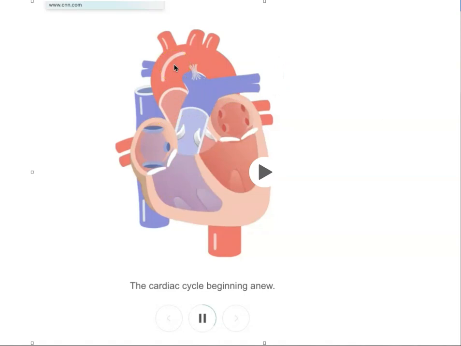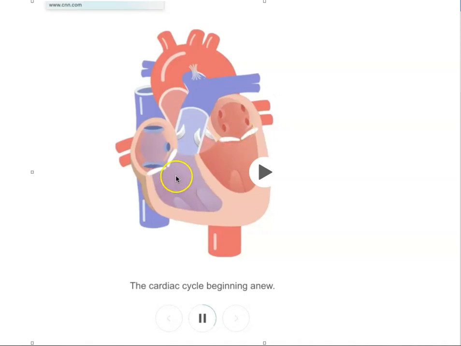I hope that explains it. The other thing we are going to be looking at is little tendons. They call them chordae tendineae, and they hold down the AV valves during systole, because there is a lot of pressure pushed on these AV valves.